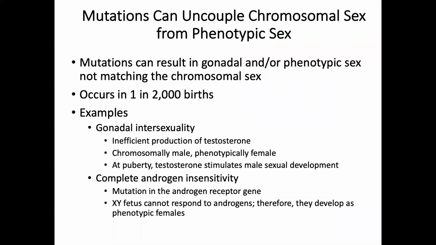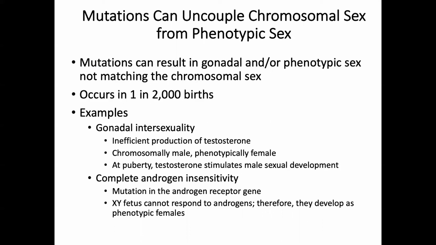Okay, in the pathway from chromosomal sex to phenotypic sex, many proteins are involved, and mutation in certain proteins can disrupt the pathway and result in gonadal or phenotypic sex not matching the chromosomal sex. Okay, these events can occur in 1 in 2,000 births. There are some examples. For instance, gonadal intersexuality.